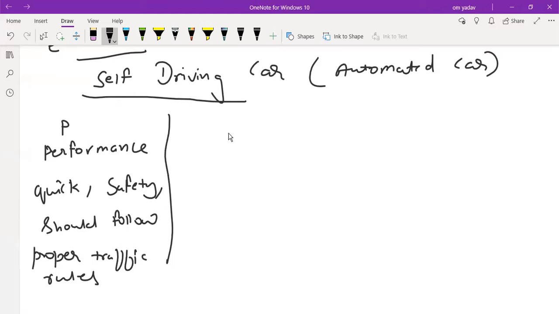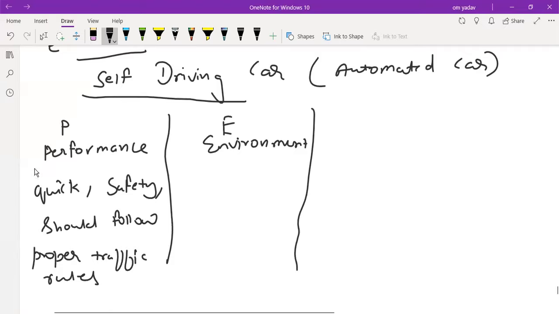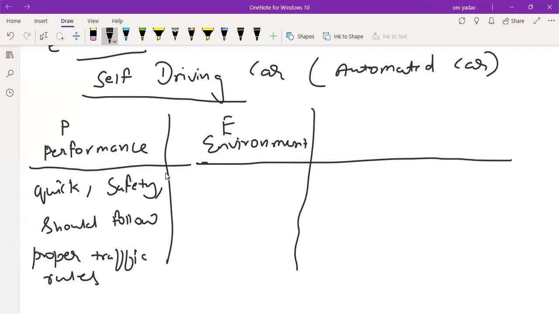Then let's say E, that is the environment. In the environment, when the car is on the road, there are different vehicles surrounding it.